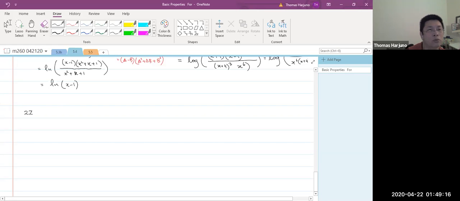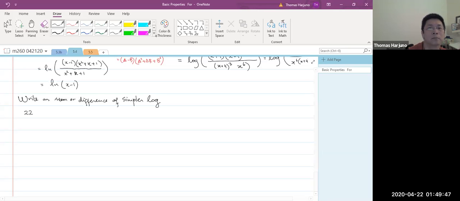Number 22, the question is: write as sum or difference of simpler logs. Number 22, part a.